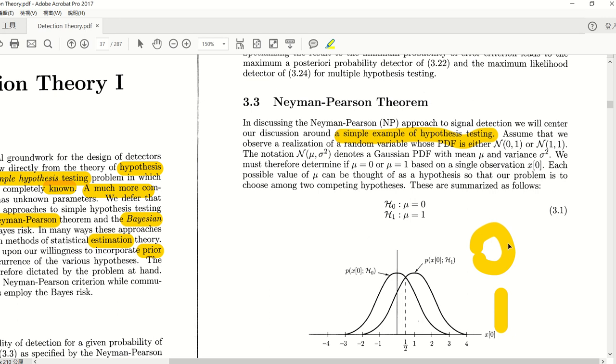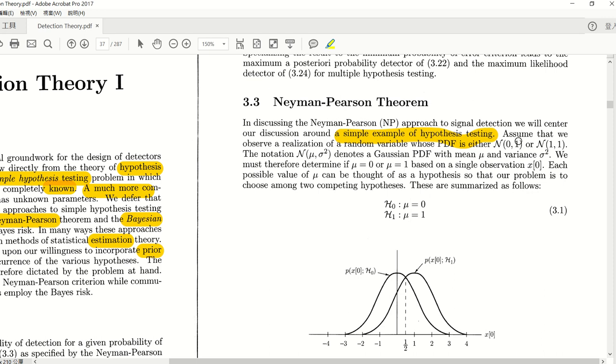Okay, so I'm just talking about the model of the problem. The notation N(mu, sigma squared) denotes a Gaussian distribution with mean mu and variance sigma squared, which is standard, and we are not worrying about that. And we must therefore determine if mu is equal to 0 or equal to 1.